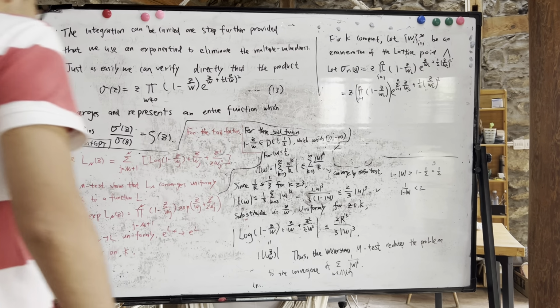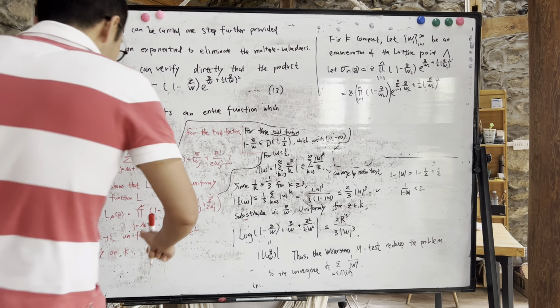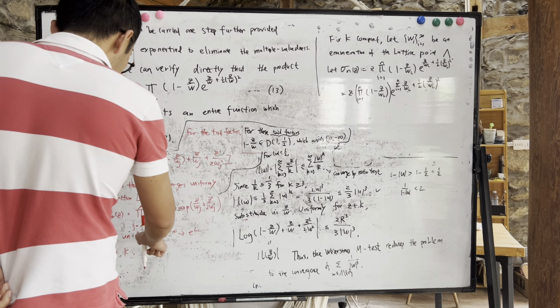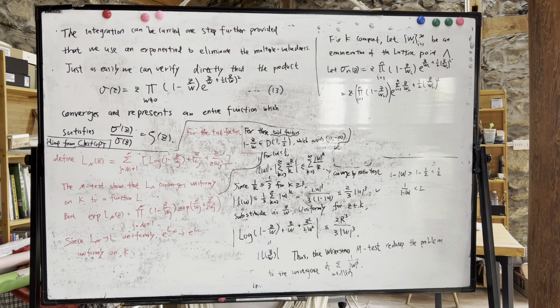Okay, so we're going to show that e to the l_n converges locally uniformly to e to the l on K. Let's see.